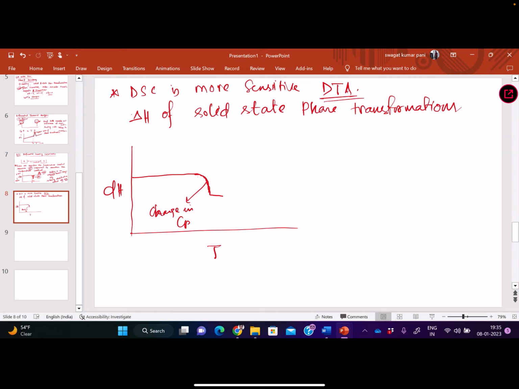Then it will go like this. This is the glass transition temperature Tg. After that point, this will be liquid state. Okay. Then there will be crystallization. You will get a peak. So this is the crystallization point. So in this region, it will be in liquid state.